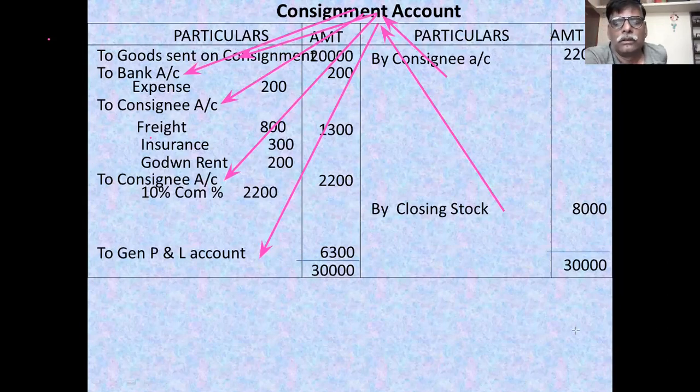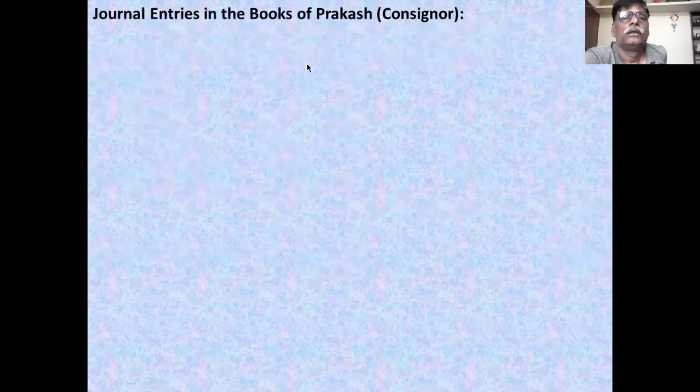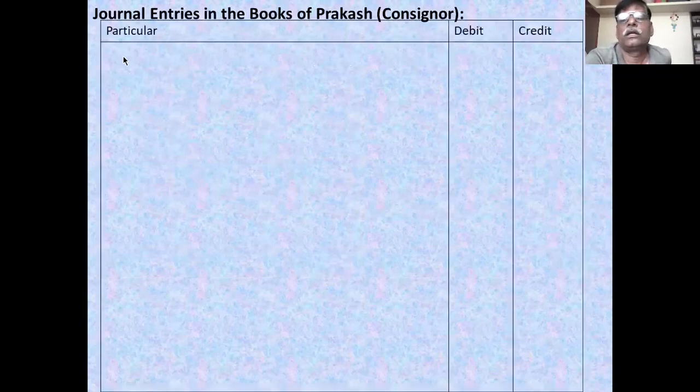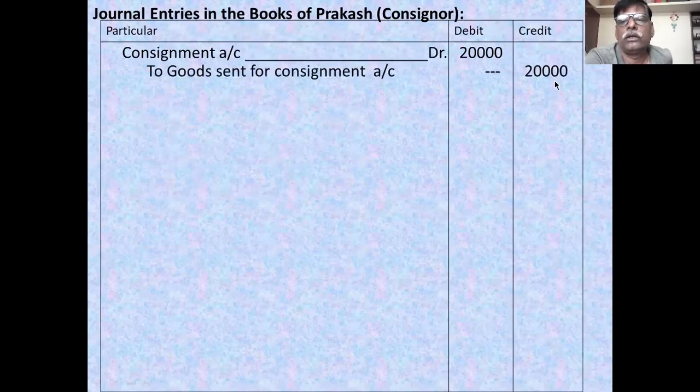Now you see the journal entries in the books of Prakash, Consignor. So first journal entry is for goods sent on consignment. Consignment account debit 20,000 to goods sent on consignment 20,000. Being goods sent on consignment.